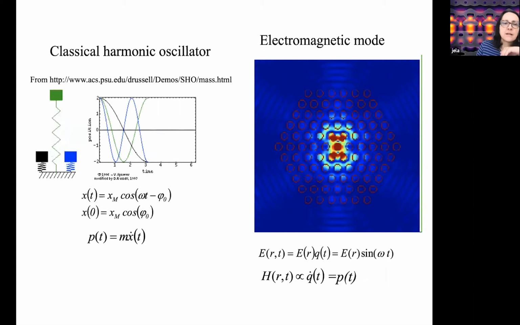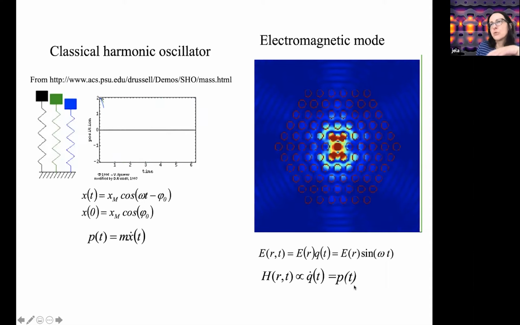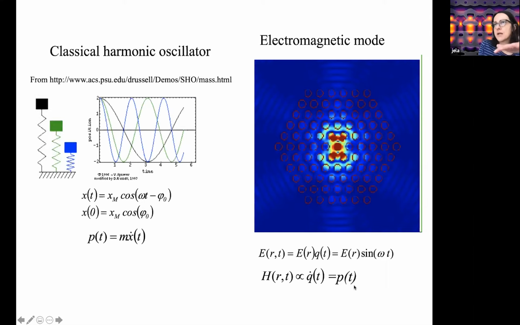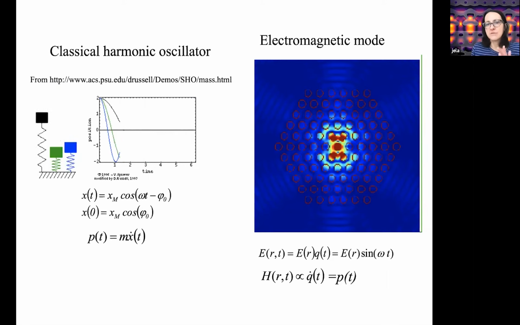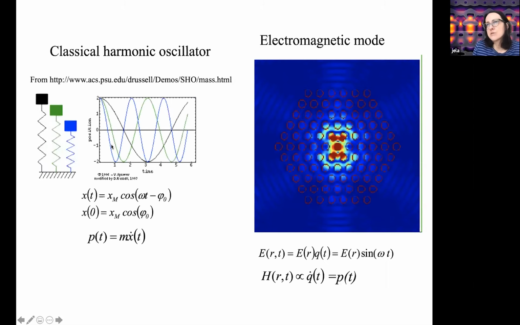And then potential and kinetic energy inside of a classical harmonic oscillator would likewise be proportional to energy stored in electric field and magnetic field. So total energy for a lossless system as a function of time would oscillate between electric field and magnetic field for a resonator, and also likewise for a classical harmonic oscillator between kinetic and potential energy.